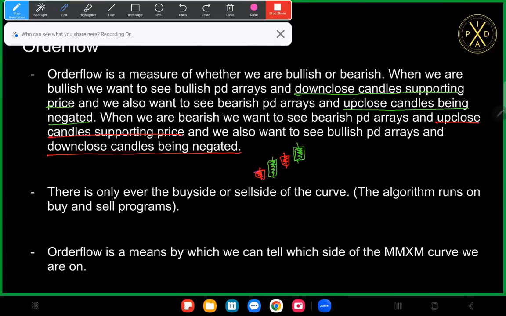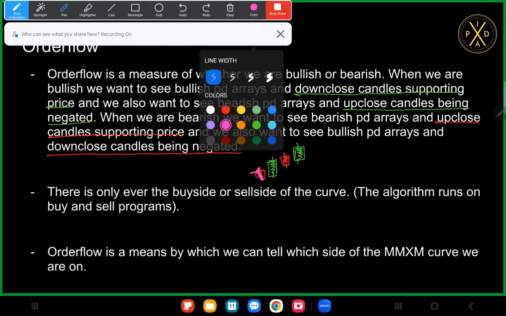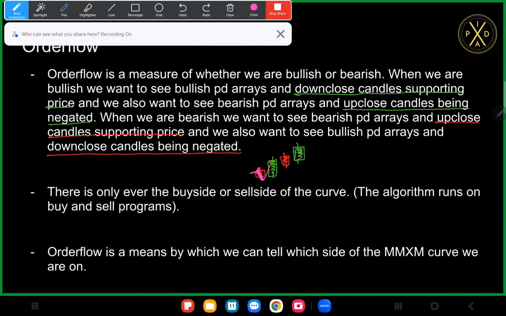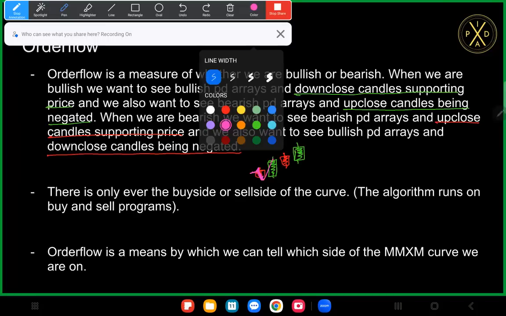Well, price is opening here, it's coming all the way down here, but the idea is that it's coming lower. And then as this up close candle is forming, price is then going higher, right? So this right here is a completed market maker model. So price should want to be supported by this level as we go higher. So those are the two conditions of order flow.